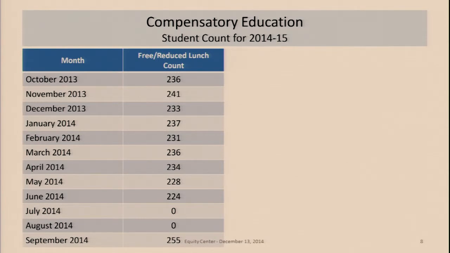So we go back to compensatory education, and here's a made-up chart that shows each of the months. You'll notice this is for 2014-15, and it starts in October of the previous year. It's not current year counts. It starts in October of the previous year, which is your federal fiscal year, and it goes through September of the current year.